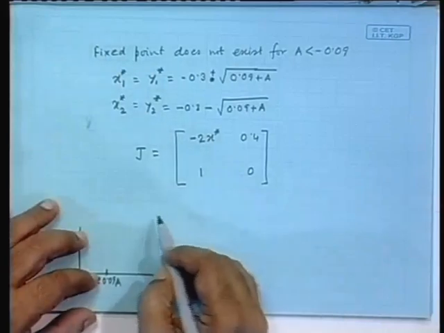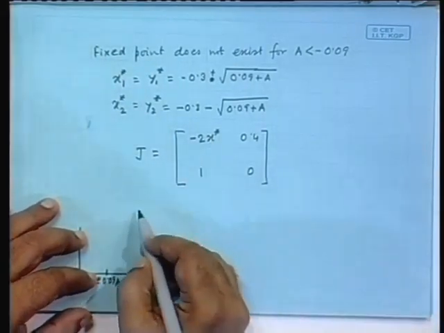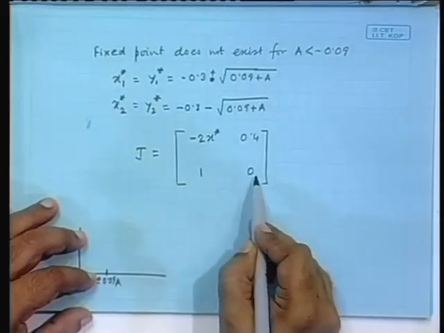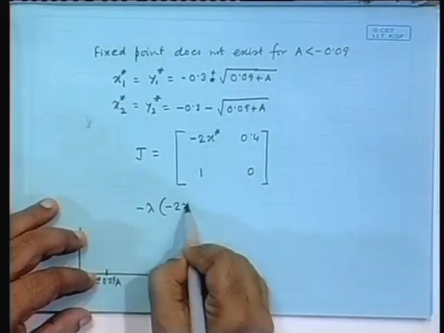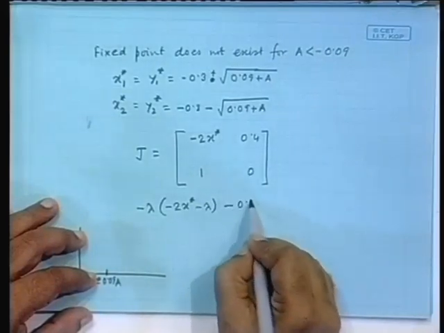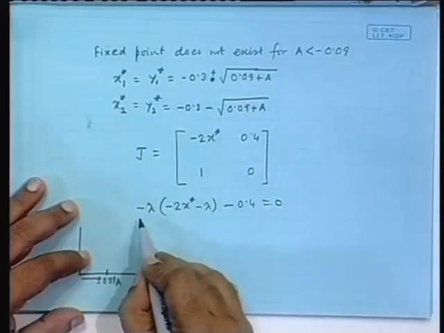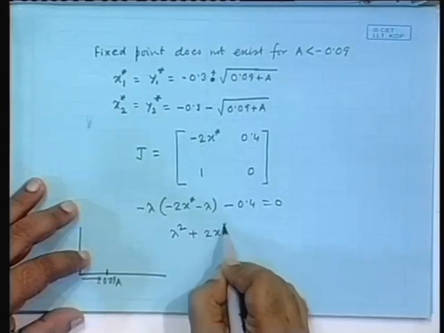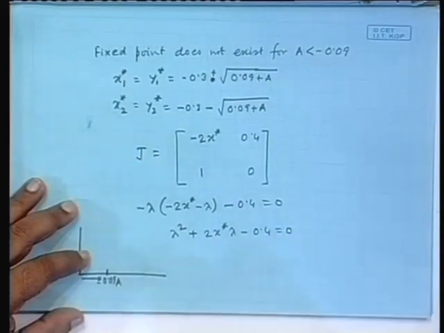Its characteristic equation would be, let's first determine it in terms of this. It would be minus twice x star minus lambda, and here minus lambda, minus 0.4 equal to 0. So, you have lambda squared plus twice x star lambda minus 0.4 equal to 0.